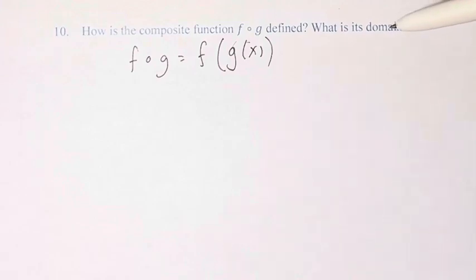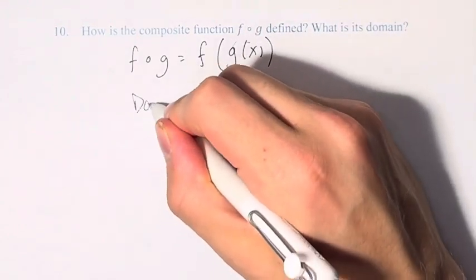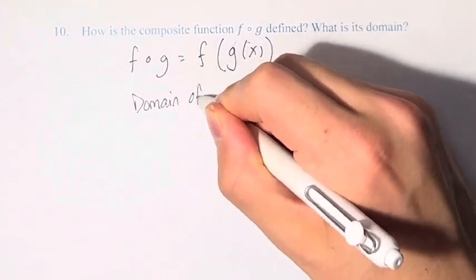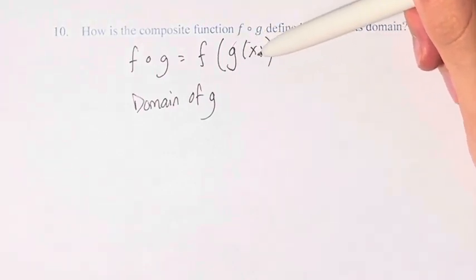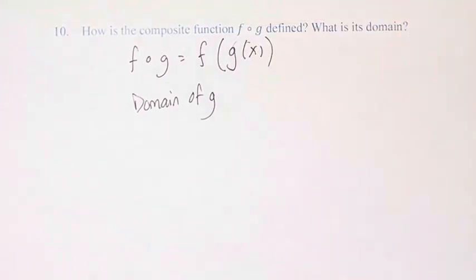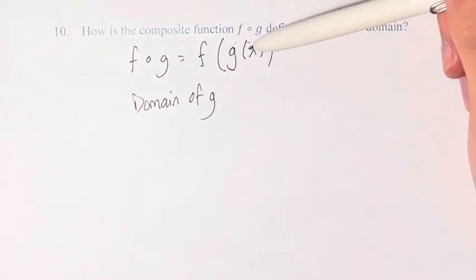And what is its domain? It is first the domain of g. The x is plugged into g first, so for a value to be valid, it has to produce a valid output of g.